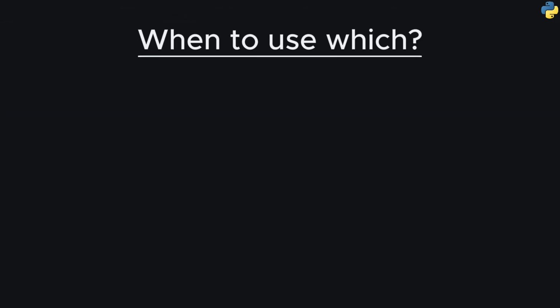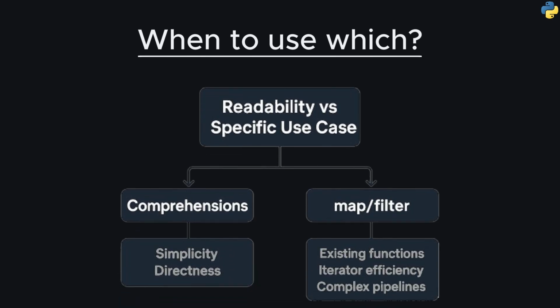So, when do you use map and filter versus comprehensions? Generally, comprehensions are preferred for simple, direct transformations and filtering due to their readability. Map and filter are excellent when you already have a named function, or when you're building functional pipelines that involve more complex chained operations without immediate list creation. They also produce iterators, which can be more memory efficient for very large data sets.